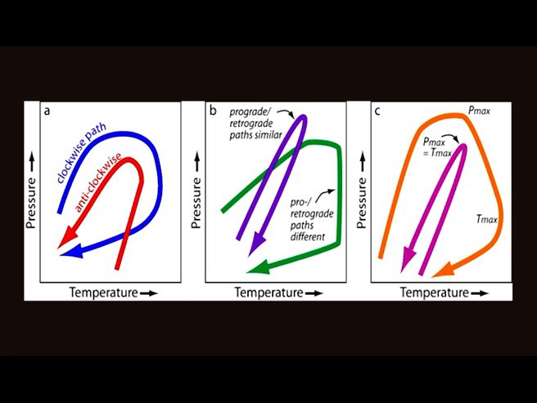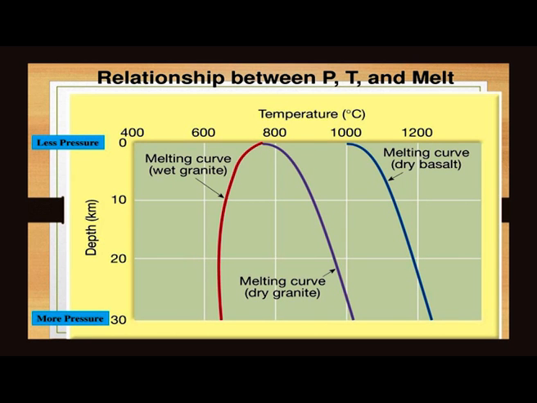The figure is a pressure-temperature diagram depicting the range of conditions that are typically observed in metamorphism, the crustal environments where these pressure-temperature conditions are likely to be realized, as well as melting curves for dry and wet granite and basalt.